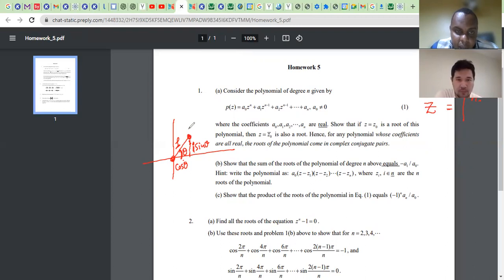The complex number, which we could write as e^(i theta) from Euler's formula. So it's going to be the nth root of this. So this complex number Z, we could think of it as Z equals e^(i theta).